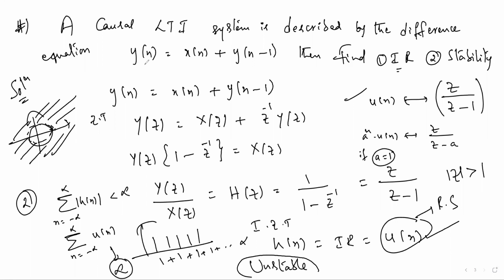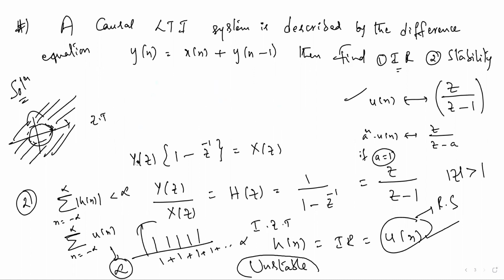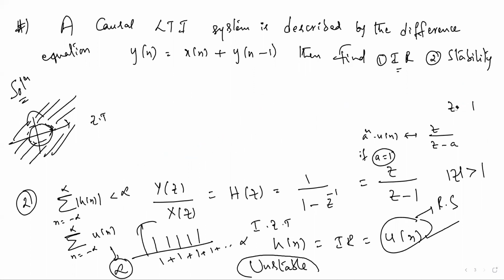What is the condition for the stability of an LTI system? The ROC should include the unit circle. I think I have not given this in the introduction points. Please note this point. Stability condition in the z transform. Very important, it is asked repeatedly.